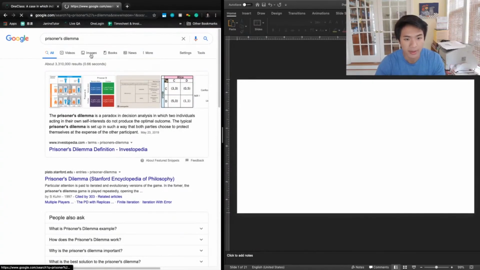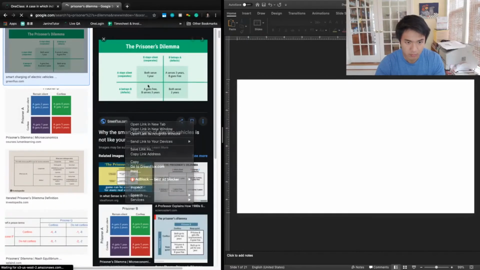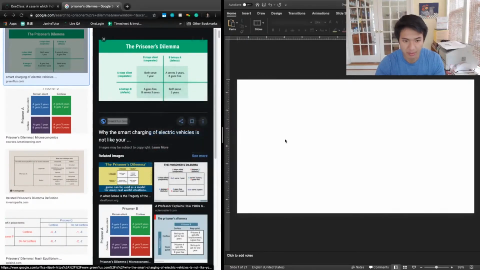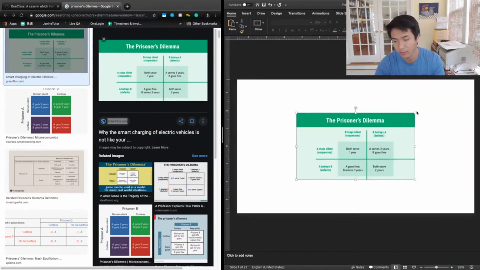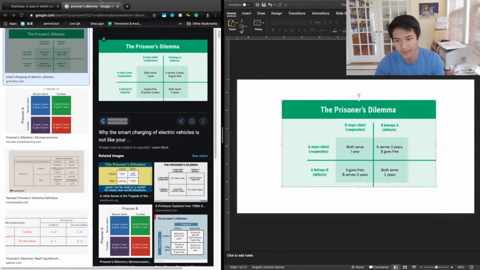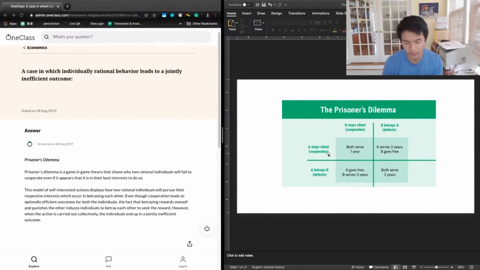We can look at the payoff matrix, which best explains the problem. With the prisoner's dilemma, we set up a theoretical problem where two people commit a crime and are both caught, held separately, and interrogated. We have person A as the first person and person B as the second, and each individually faces two choices.